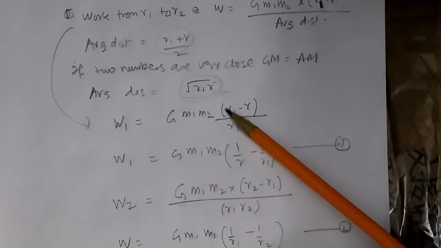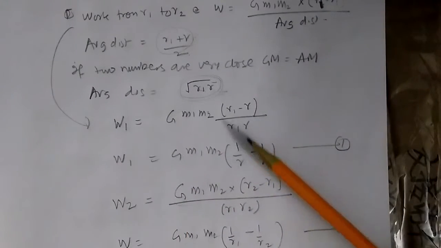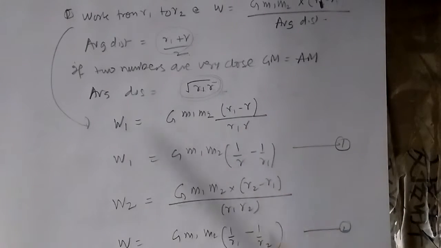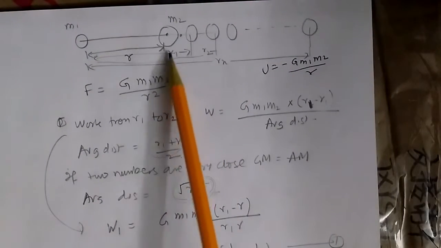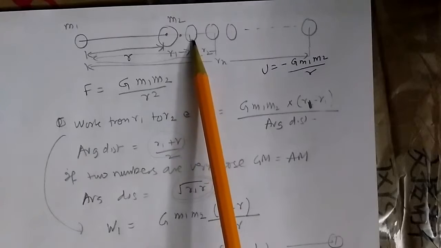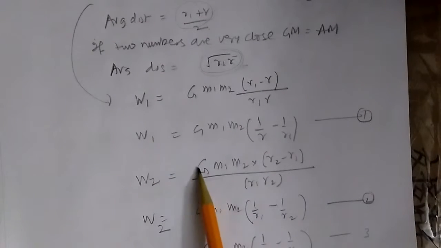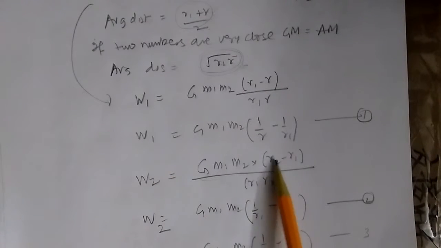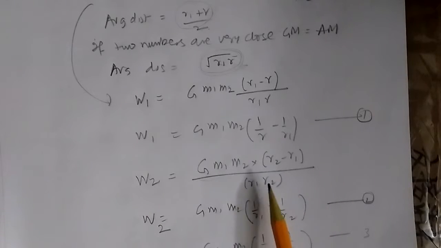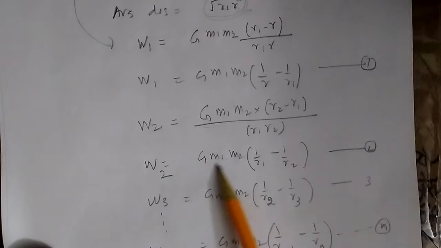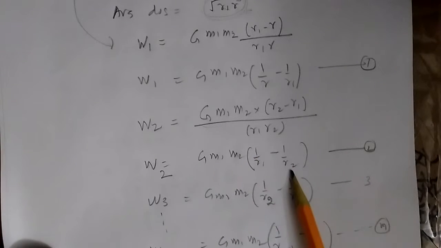We can divide: R1 divided by R1R becomes 1 upon R, and R divided by R1R is 1 upon R1. In the same way, we can find the work done when taking the mass from position R1 to position R2. We call it W2, G m1 m2 times R2 minus R1 divided by R1 R2. Simplifying this again, we get W2 equal to G m1 m2 times 1 upon R1 minus 1 upon R2.